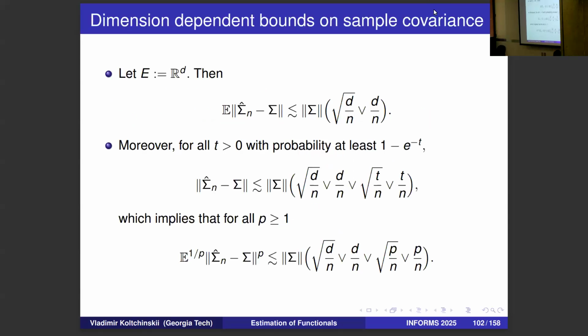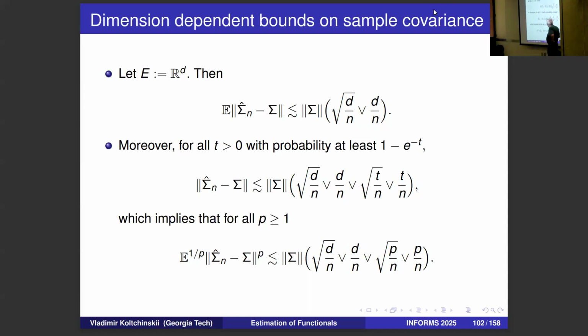First of all, in the case when E is R^d, say Euclidean space, these are rather common bounds that are not hard to prove, and are available now in various texts on high-dimensional statistics. They are always given with proofs, what will happen with the operator norm error. We measure this error in operator norm, right?